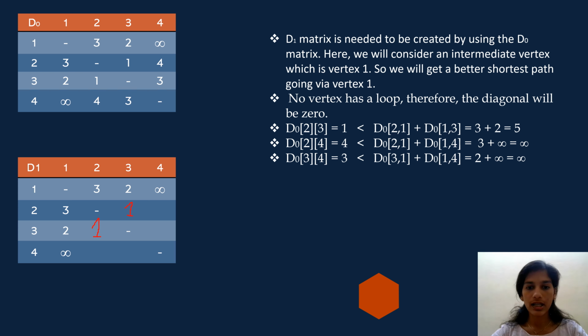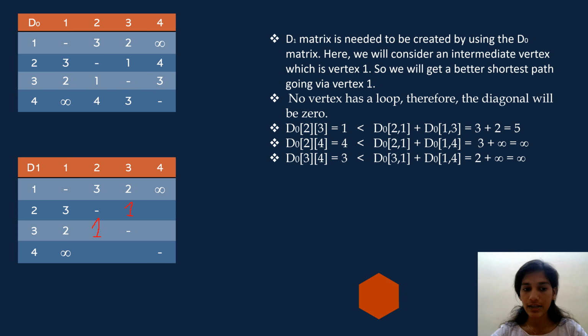In a similar way, we compute D0 of 2,4. In the above matrix it was 4. Now we compute it through 2,1 and then 1,4. 1,4 is infinity, and adding a finite value to infinity again gives infinity.